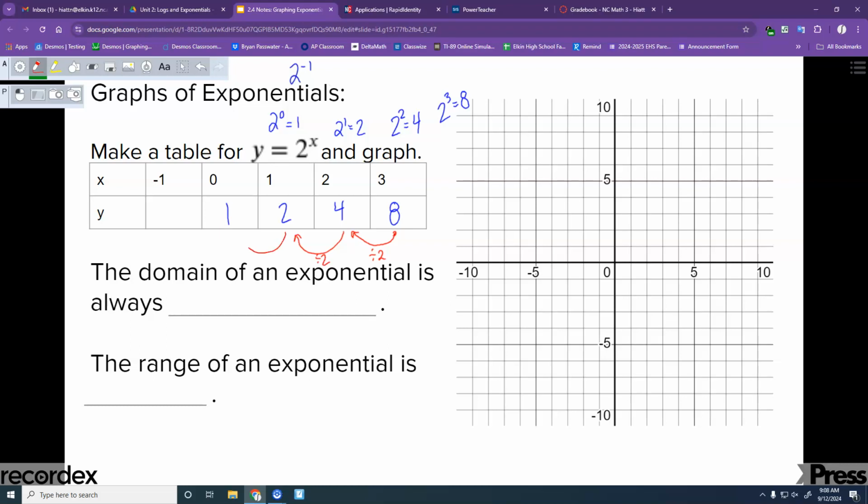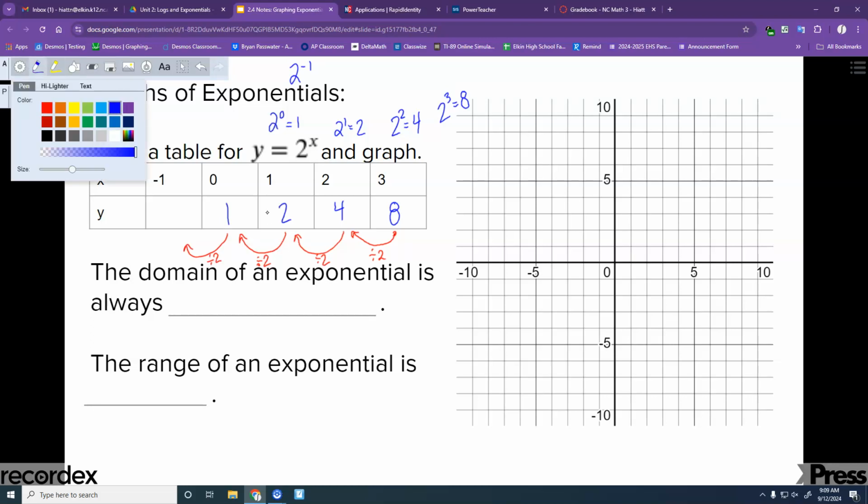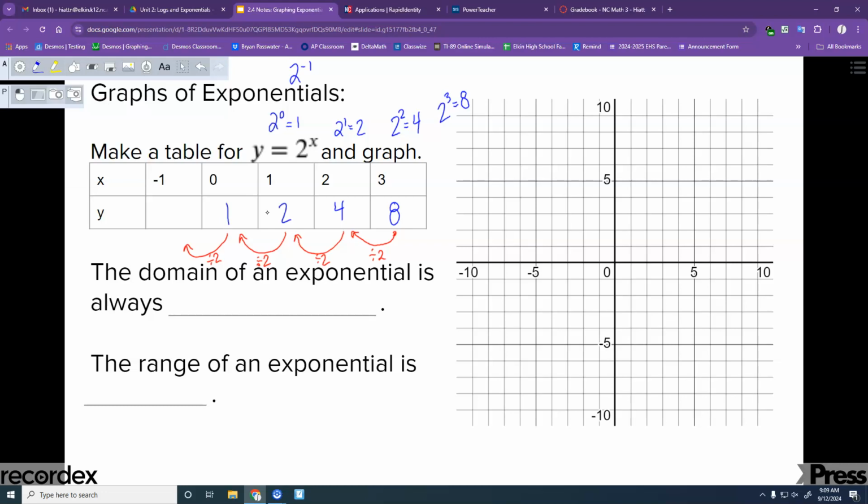If I divide by 2 again, then I'll get 1. So if I divide by 2 again, what would I get? Not 0.1. 0.5 or 1/2, whichever one you want to see.